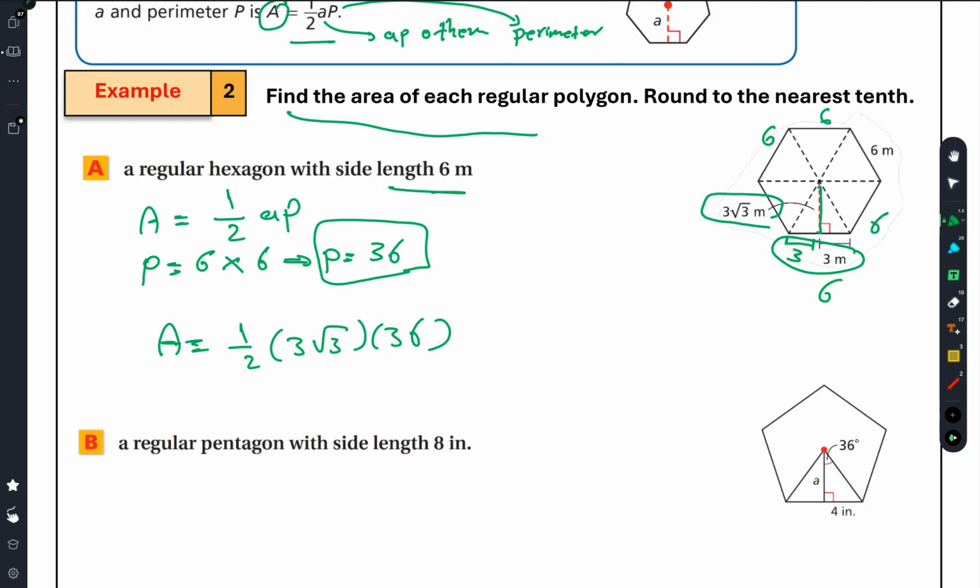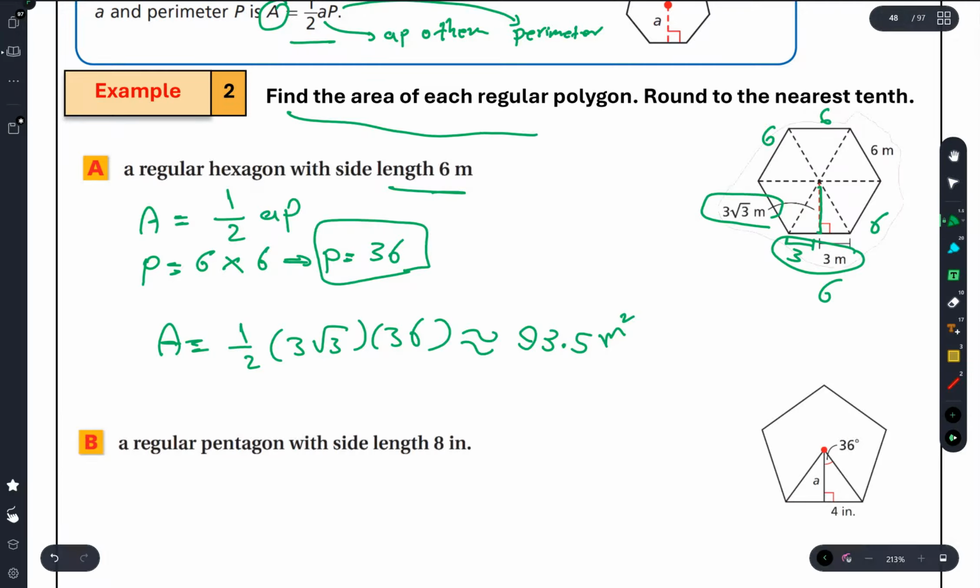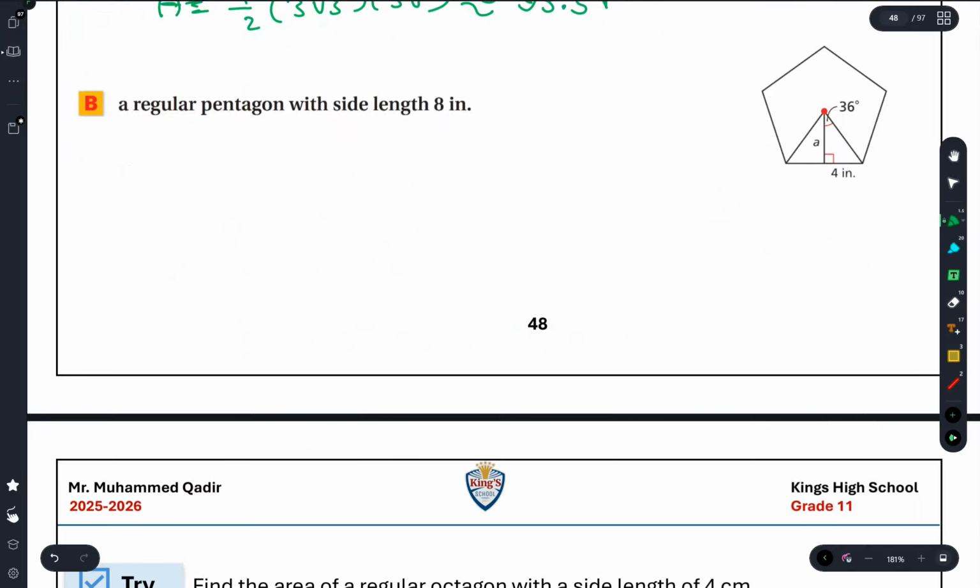The answer is approximately 93.5 meter power 2. We know that area is always square, so meter power 2.